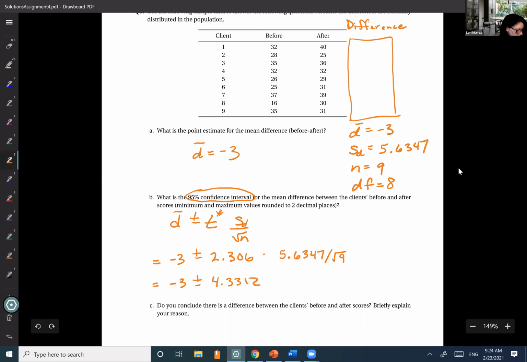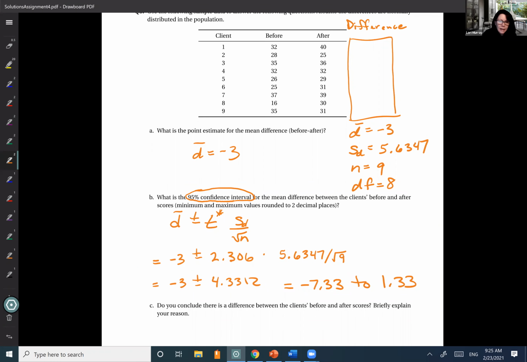And then it wants the minimum and the maximum values rounded to 2 decimal places. That is going to equal -7.33, that's the minimum, to 1.33. I'm just going to make sure that's right, yep. That's rounded to 2 decimal places.